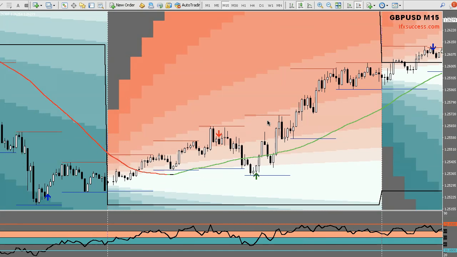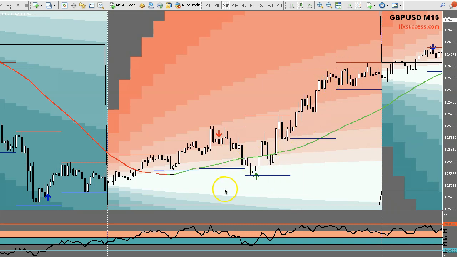So very, very nice. So in here, let's just say we got a green arrow. This was the lowest of the day. In order for us to confirm if we want to buy, if we don't want to follow that it hit the green area, we have to wait for the candle to close above the moving average, and we have to make sure that the moving average is going upwards and is green, so maybe it indicates that it's going to keep on going higher, okay?